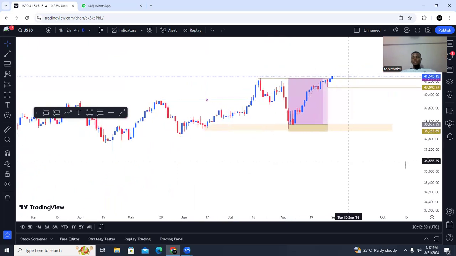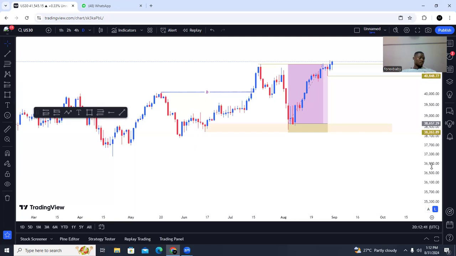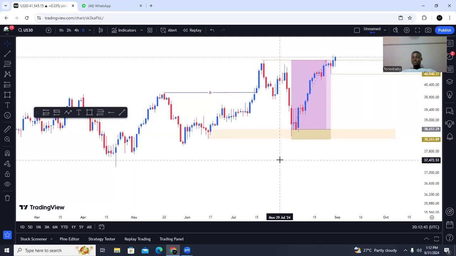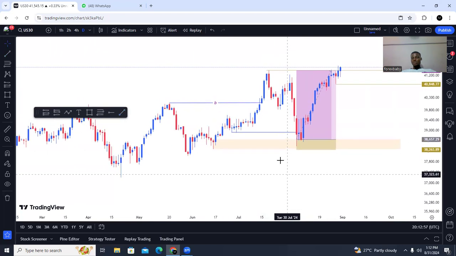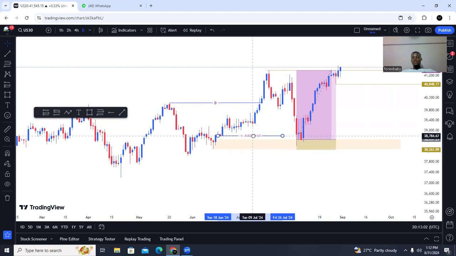So right here, let's see, this is a zone which I'll consider. But if you watch, this one didn't trail back into the zone. So I might not be taking this zone. Or you can see this place here, it went back into the zone.